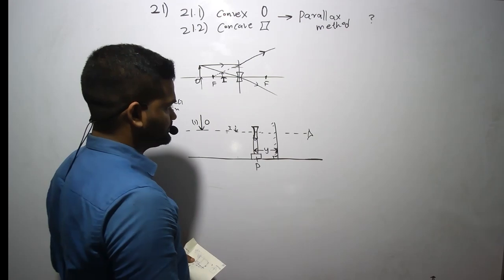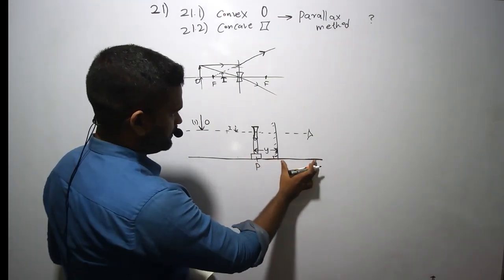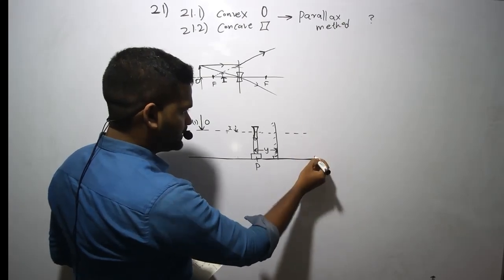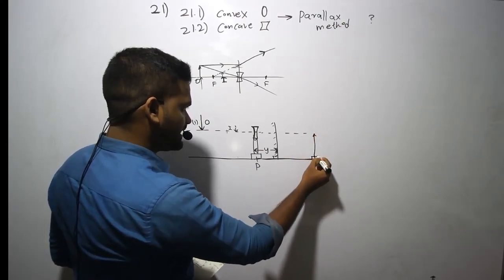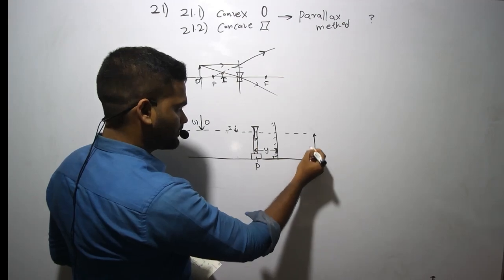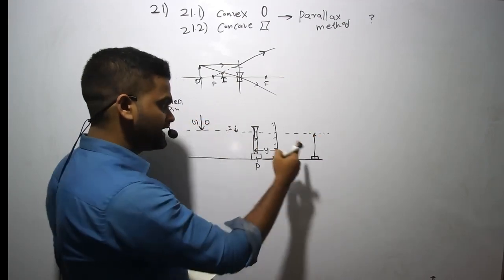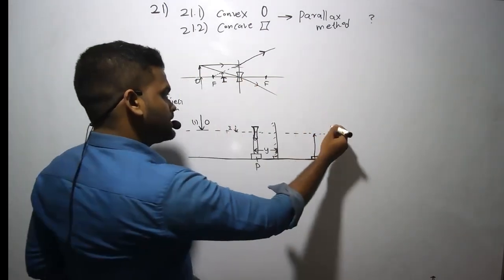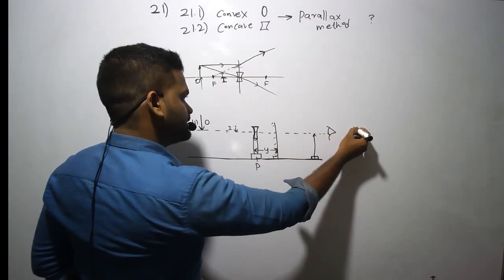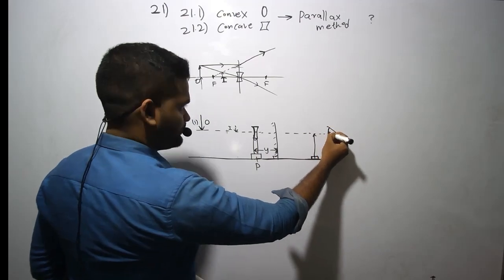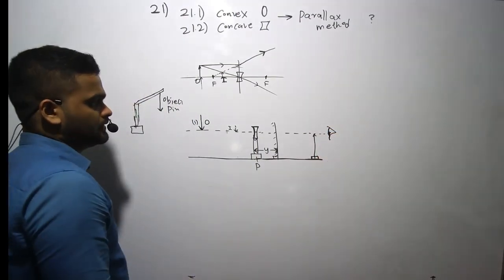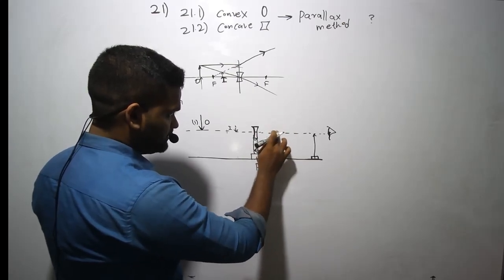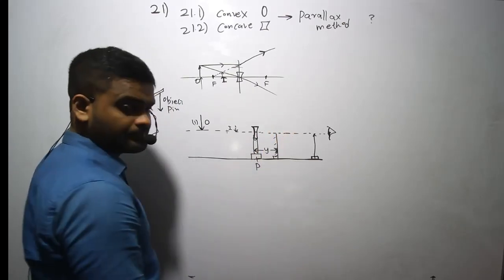Then the second optical pin, the observing pin, you place it like this. Then when you look through here, this is what you are going to see. Sorry, the mirror is not this high, right? Only half of the lens is covered by the mirror.